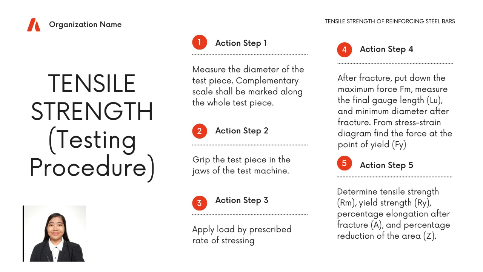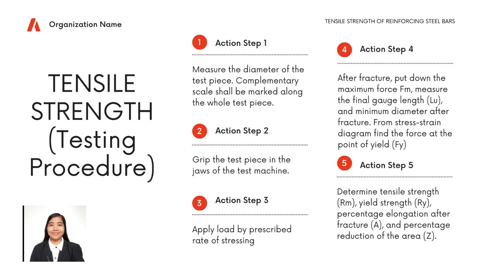The next step is to grip the test piece in the jaws of the test machine. Ensure that the pieces are held in such a way that the force is applied as axially as possible. Next is to apply the load in the test piece until it reaches its maximum strength and breaks.